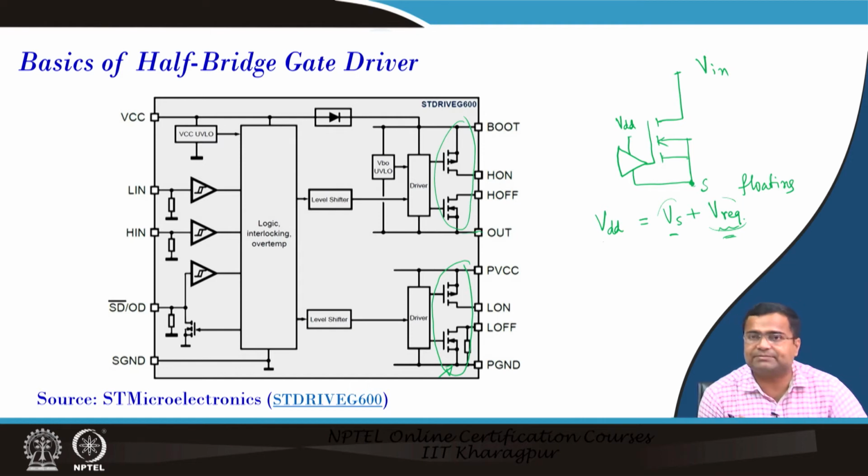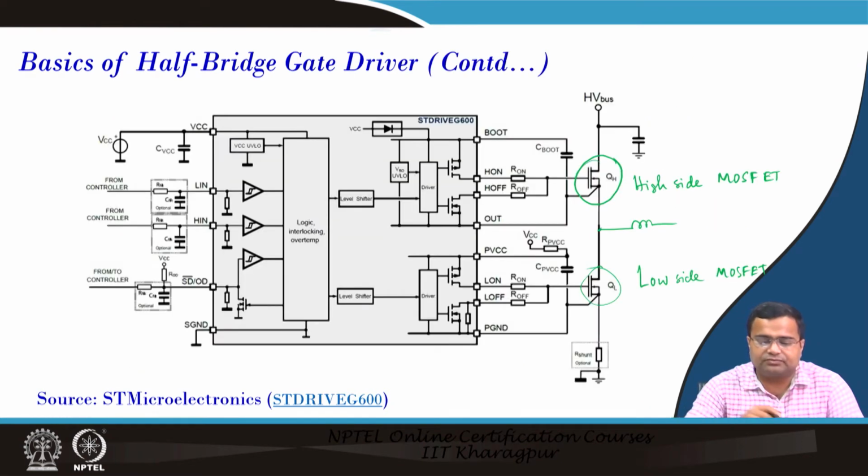So, this is a gate drive circuit. How to do that? One way is that we can use a bootstrap arrangement, because this is a bootstrap capacitor. This capacitor will be charged to the required voltage, which will add up with the source voltage and finally create the VDD.